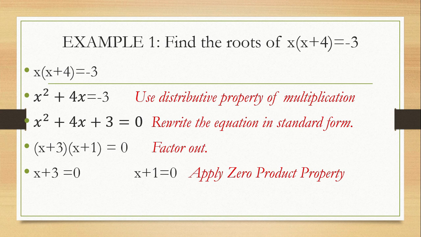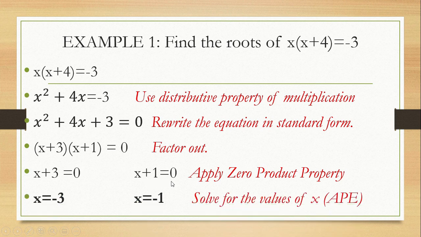Then, after that, we will use the zero product property, wherein we will equate the factors to 0. So we have x plus 3 equals 0, and the other one is x plus 1 equals 0. Then we will use the addition property of equality once again to solve for x.